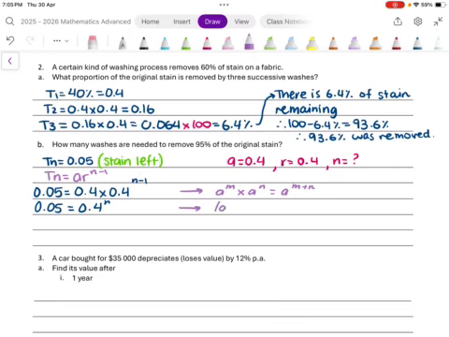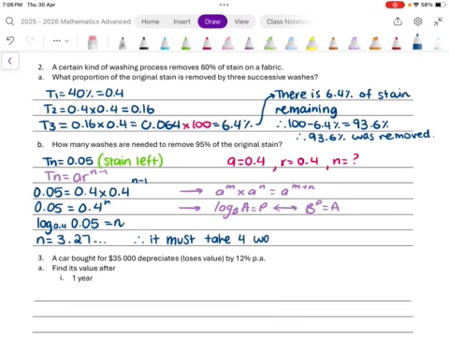Again, we want to use our log BAP formula, so we are converting between our base power equals our answer, and so what we'll have is log base 0.4 of 0.05 is equal to n, and so n equals 3.27 in our calculator, so therefore it must take 4 washes to remove at least 95% of the stain, okay?